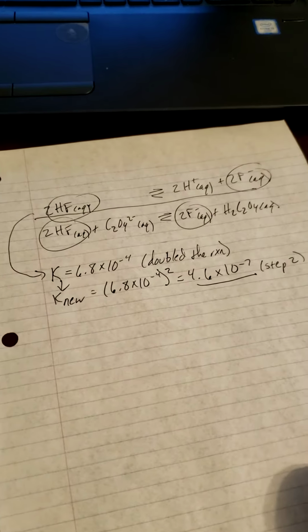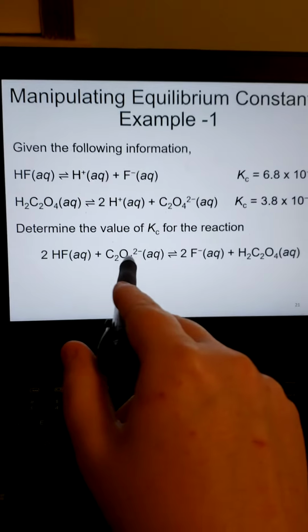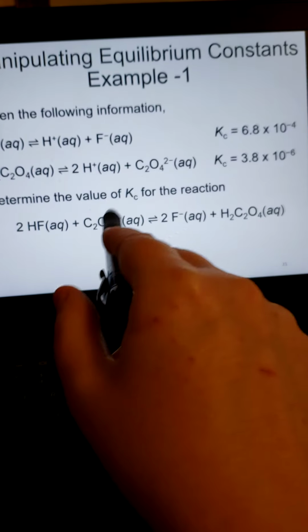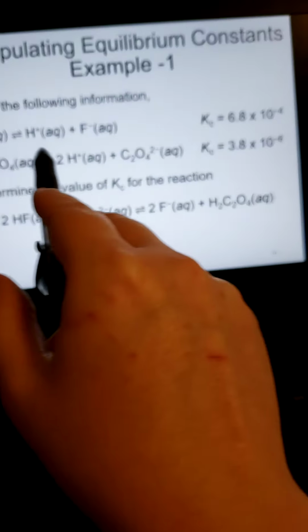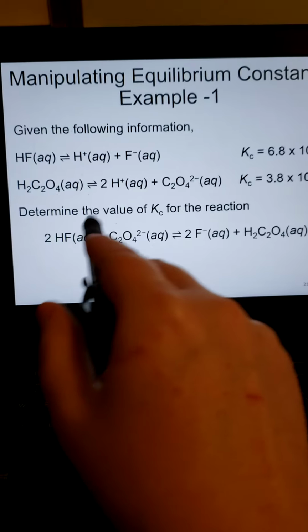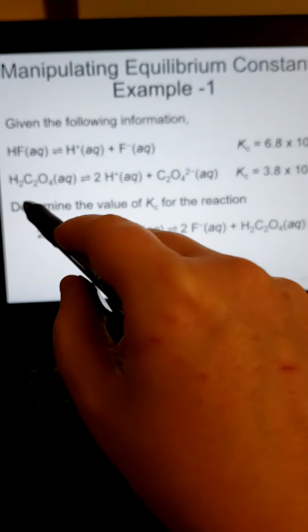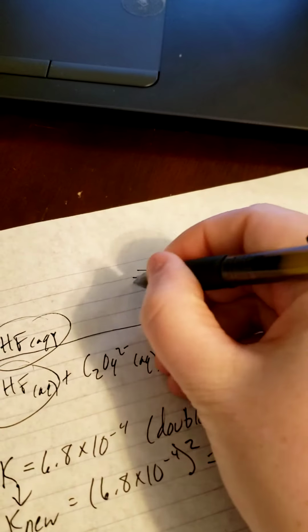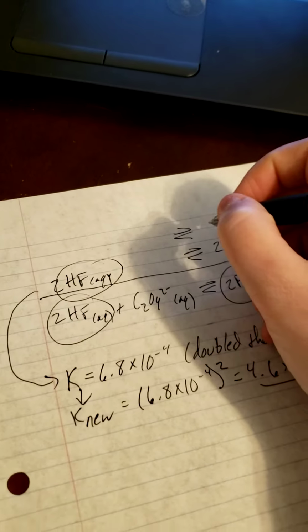So we need an oxalate ion on the left. This reaction gives me 1 mole, but it's on the wrong side. Same thing here: it gives me the 1 mole of oxalic acid I need, but it's on the wrong side. So for this one, I'm going to need to flip it, right? Again, remember, line up your arrows. That makes your life 10 times easier.